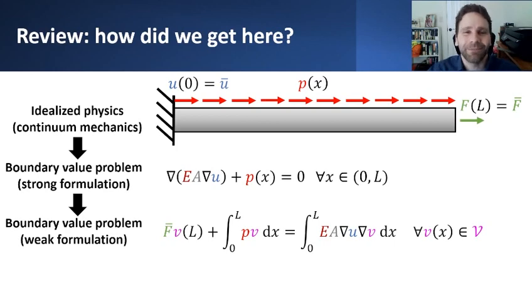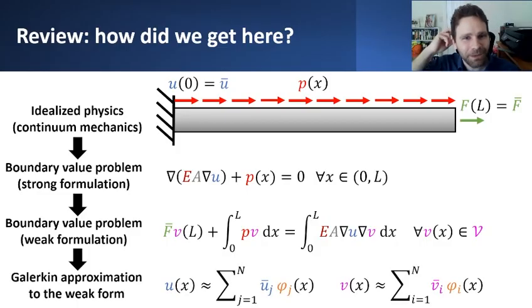There's an infinite number of such functions that we could plug in. So in order to make that problem more tractable, we had to take it one step further and finally come up with these so-called Galerkin approximations that said we're not going to test all possible functions in virtual displacement fields, and we're not going to consider all possible solutions for the displacement field.